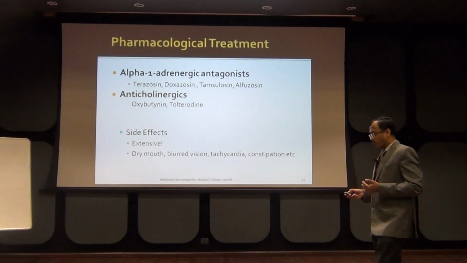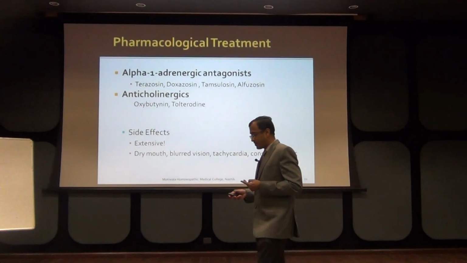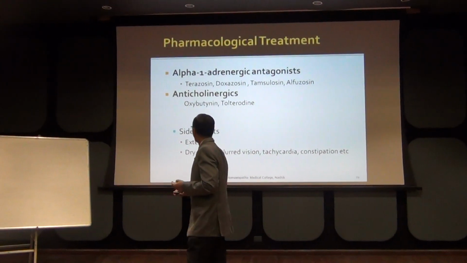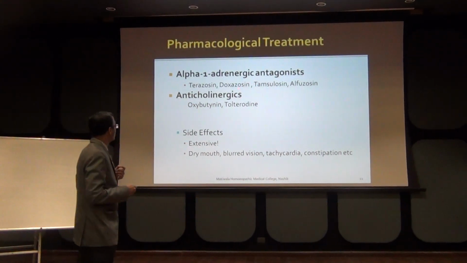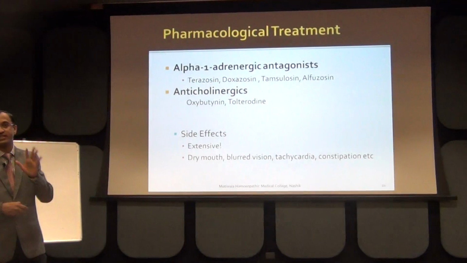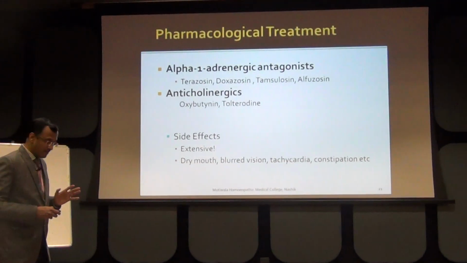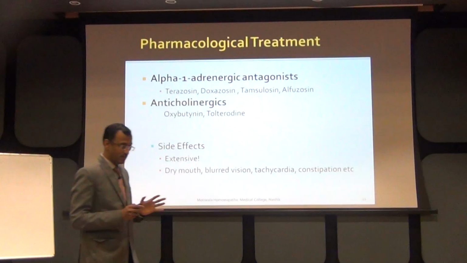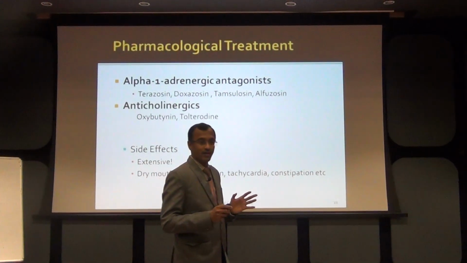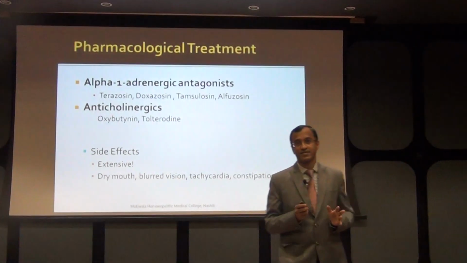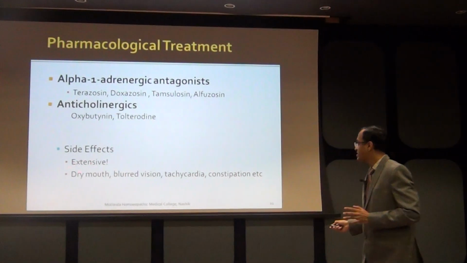In modern pharmacology, there are two levels of treatment which have been carried out. One is at the level of alpha-1 adrenergic antagonists and certain anticholinergics. But both of these drugs have a lot of side effects, and they are very extensive.